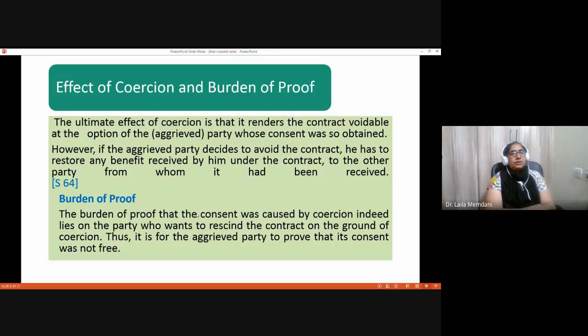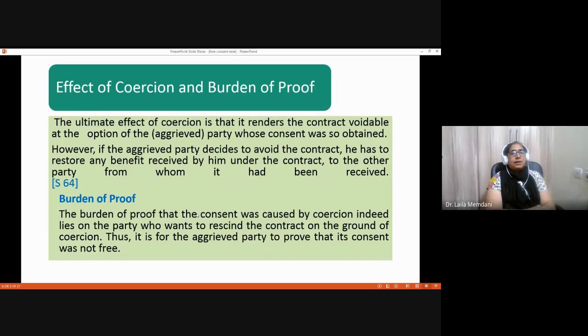Now, coming to the question of effect of coercion and burden of proof. If there is coercion in any contract, the contract becomes voidable at the option of the aggrieved party, that is the party who has suffered because of coercion.